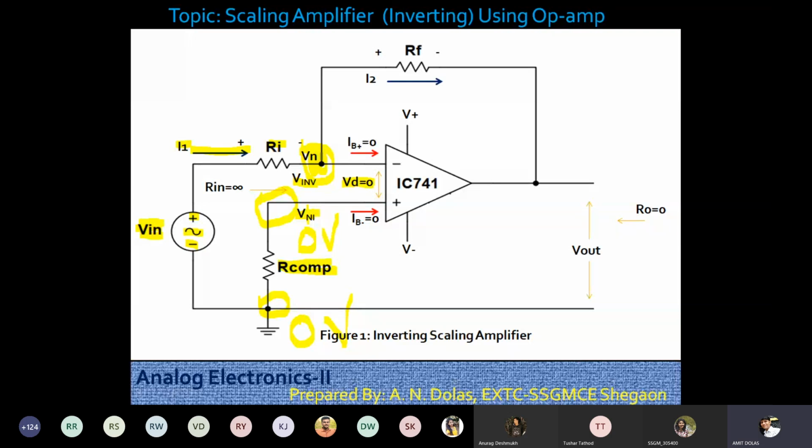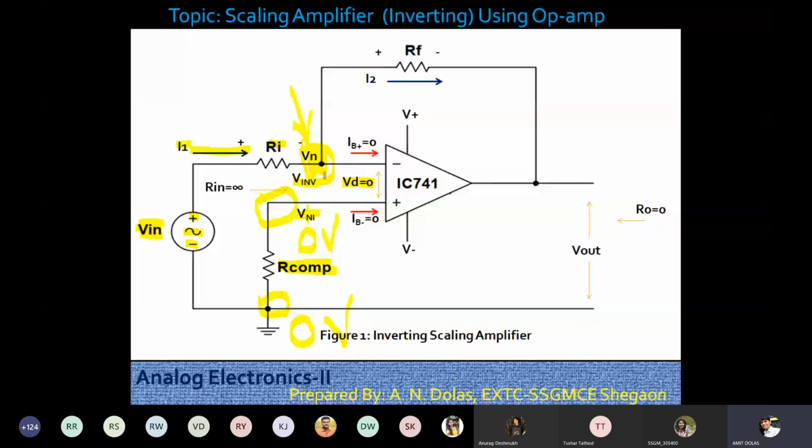So node Vn has voltage equal to 0. So both the terminals of the op amp, inverting and non-inverting, are at 0 potential. Though the non-inverting and inverting terminals are not directly shorted, both the terminals have 0 volt. That's why the inverting terminal is called virtually grounded, because the voltage is 0.